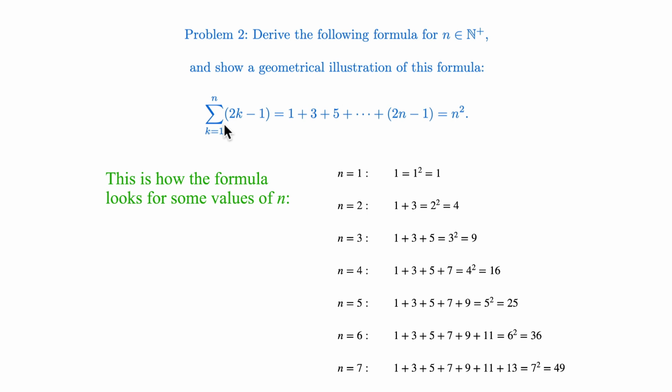And how many terms do we sum? Well, n pieces, because we start with k equal to 1 and we end with k equal to n. So it will be n numbers which we will add together, but this time these numbers are formed in this way. For each k, our number will be 2k minus 1.